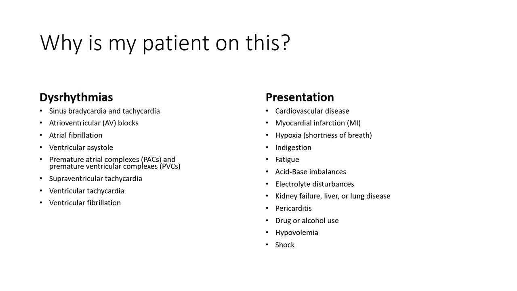It can be things like a history of cardiovascular disease, a myocardial infarction, hypoxia, which will look like shortness of breath, indigestion, fatigue, acid-base imbalances, electrolyte disturbances, kidney failure, liver or lung disease, pericarditis, drug or alcohol use, hypovolemia, or shock.